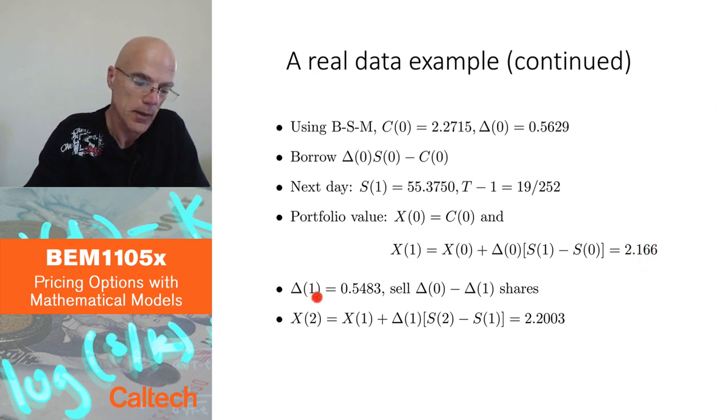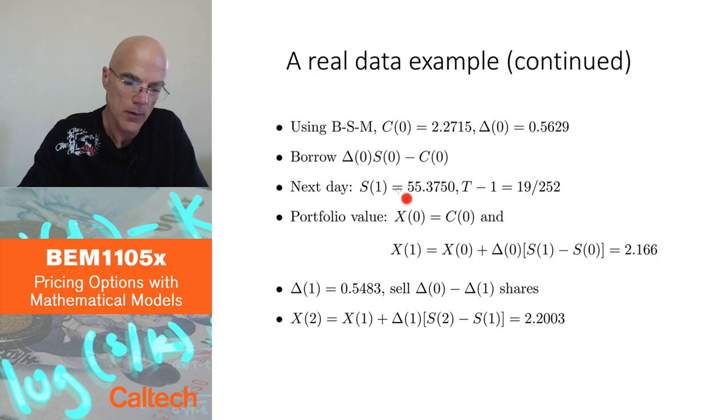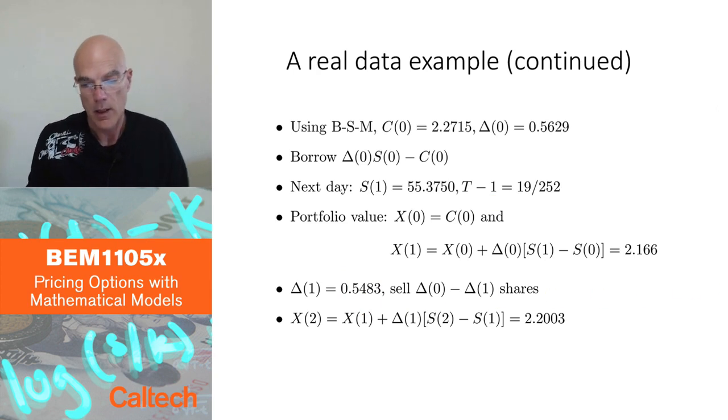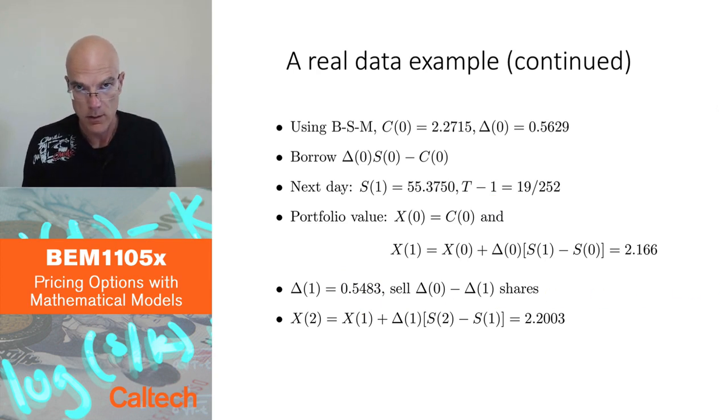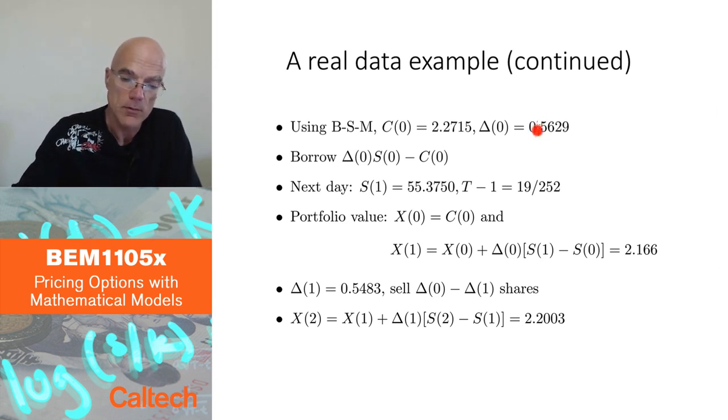Then I compute delta of 1 when I have S of 1 and T minus 1, and that's going to go down too, because I have to hold fewer shares if the value went down. It goes down from 0.56 to 0.54, so I have to sell the difference.